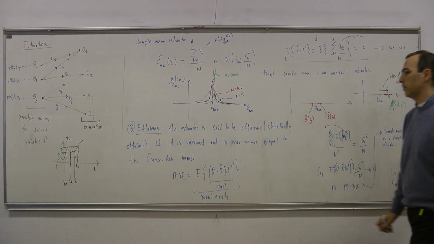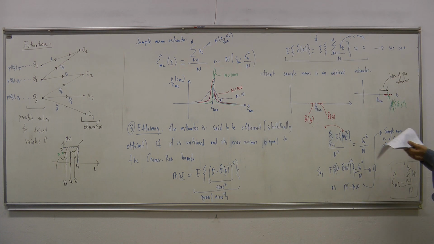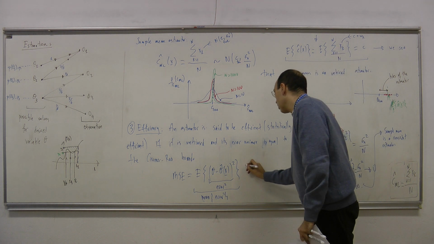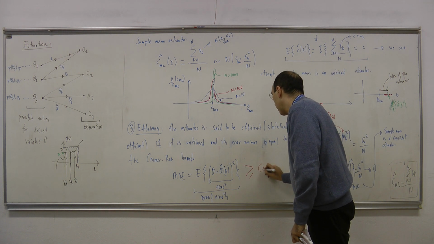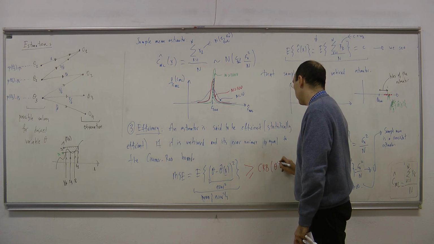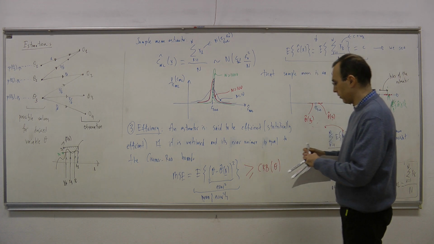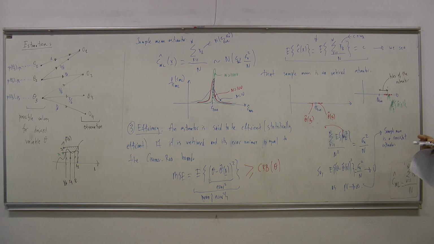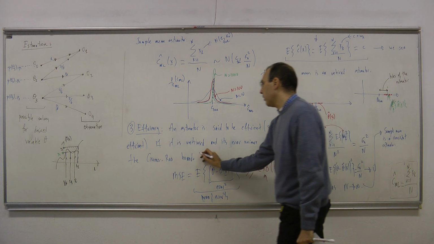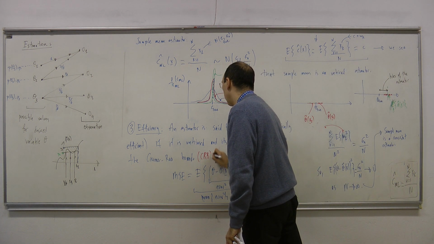We will describe mean square error in much more detail later on. So the result is this: I have a lower bound. This is called the Cramér-Rao bound, a function of theta. Let me write it over here, CRB, Cramér-Rao bound.